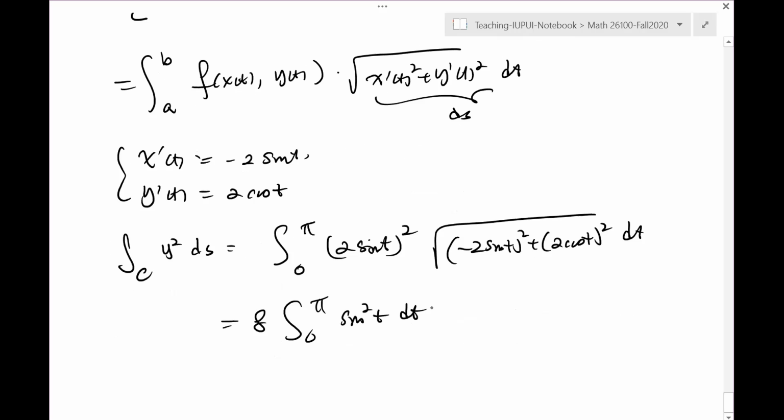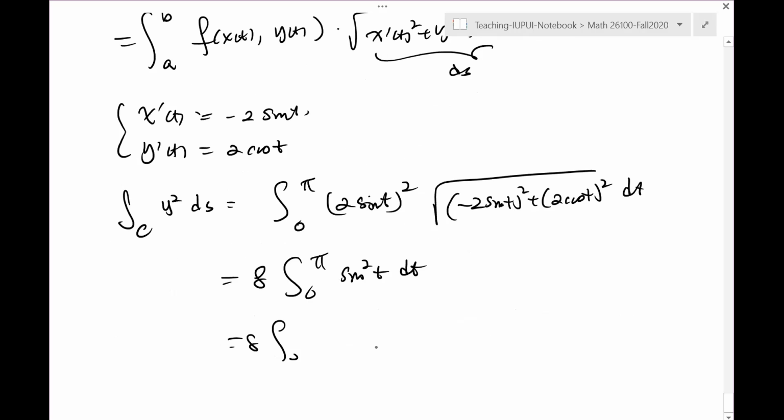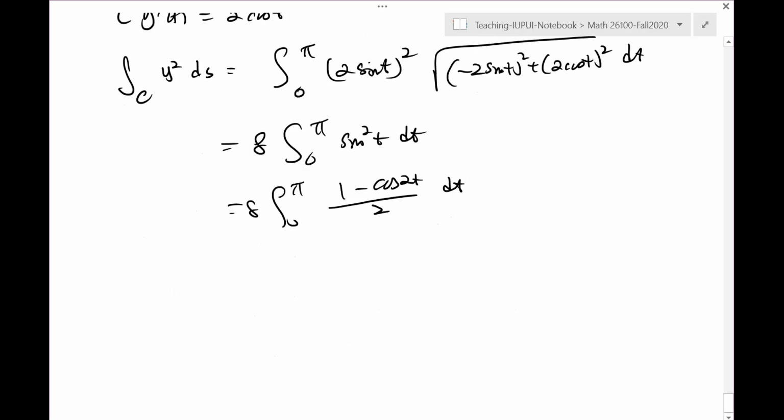And this definitely is positive. So you have to change to the double-angle form: 1 minus cosine 2t dt. Let's simplify a little bit. I'm going to put a 4 here, since 8 divided by 2 is 4.